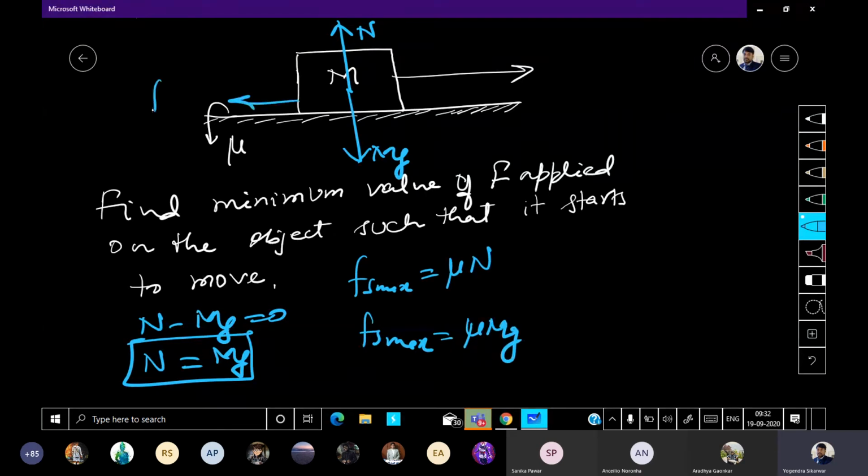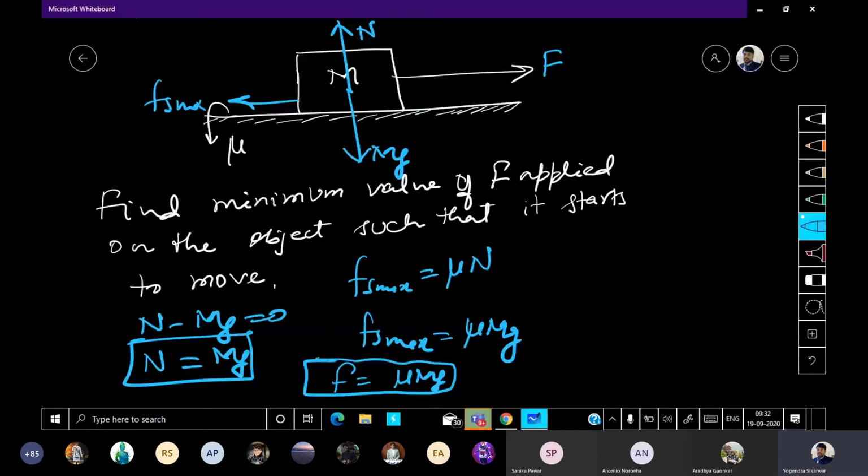So fs max will be acting in this direction. So if you are applying F equal to fs max, it should move.